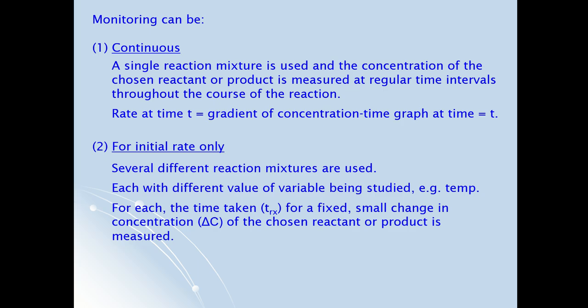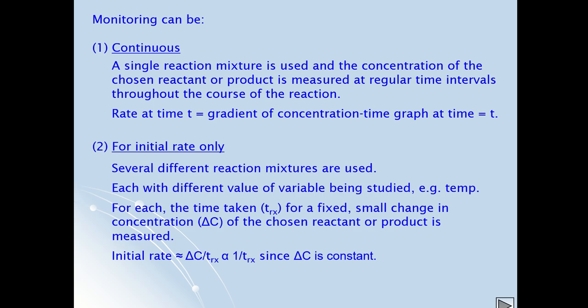And for each, the time taken for a fixed change in concentration is measured. So you will measure how long it took, for example, to make 50 cubic centimetres of gas. You will take how long it took for a particular concentration of, let's say, sulfur to be made. And the initial rate will be equal to the change in concentration over the time taken.